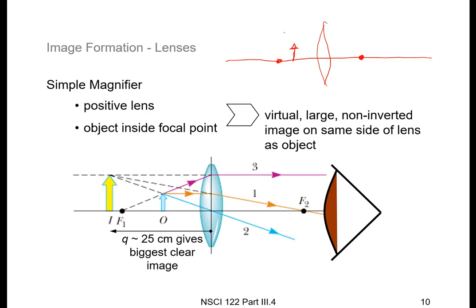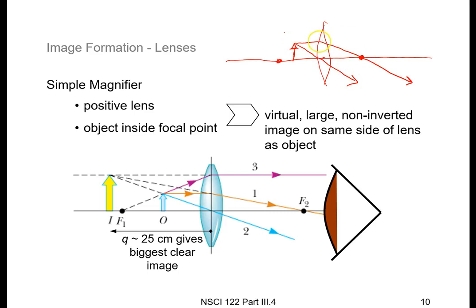So now, if we do our ray trace, here comes the first one. By definition, that's got to go through this focal point. The second ray is going to go right through the middle of the lens. Good enough. If you do a fairly careful job, these 2 rays are diverging.